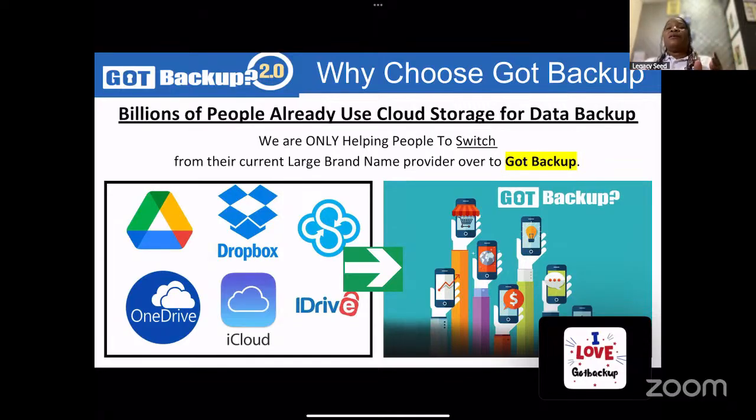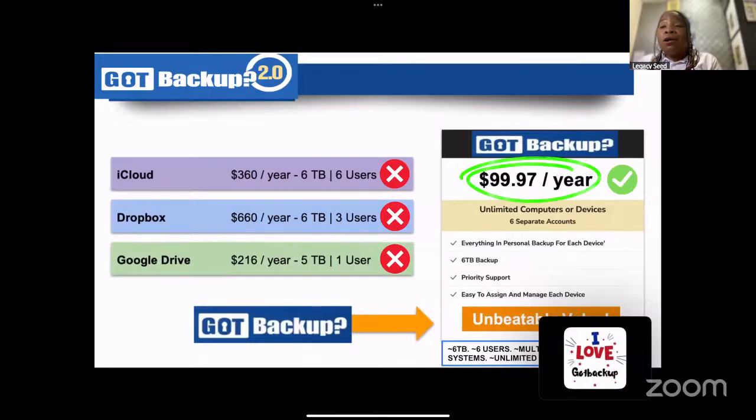But then, 2 years ago, when Go Backup came as an option, what we have noticed is that many people are shifting towards the use of Go Backup. And the answer to that shift is very simple. It's because Go Backup comes with an unbeatable value, affordable.